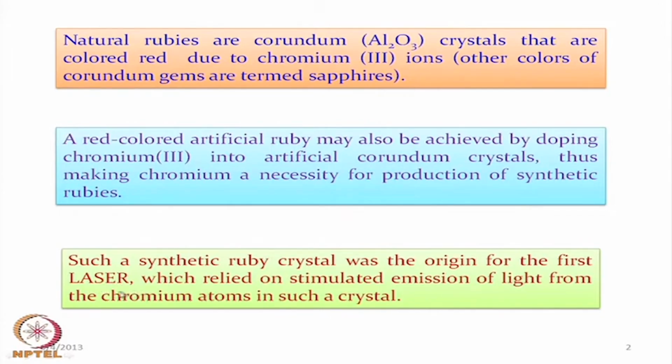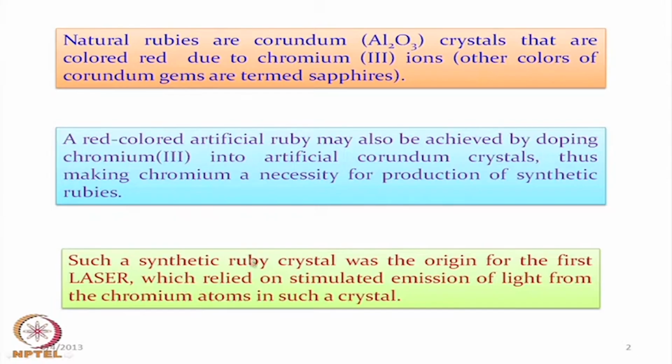So this laser is basically dependent on the ruby crystals, and these are known as ruby lasers, and it is basically dependent on the stimulated emission. This S is stimulated, the stimulated emission of light from the chromium atoms in such a crystal when chromium is trapped within the corundum lattice, and this chromium is responsible for its red coloration due to the typical crystal field which is exerted on the chromium center in its +3 oxidation state.